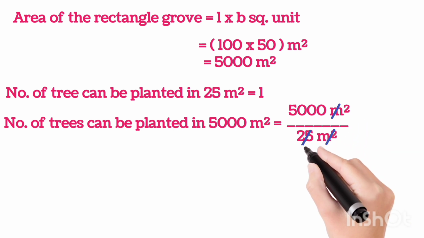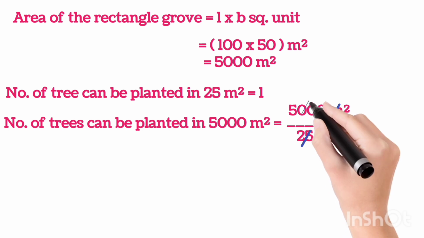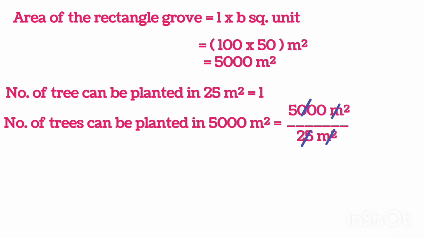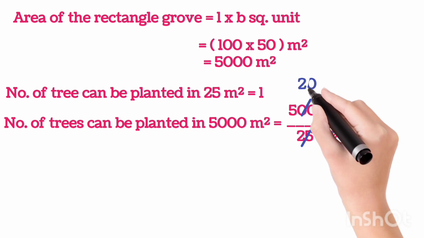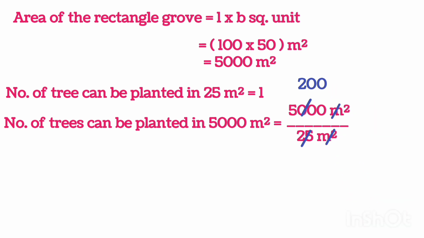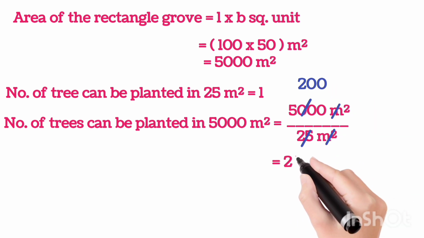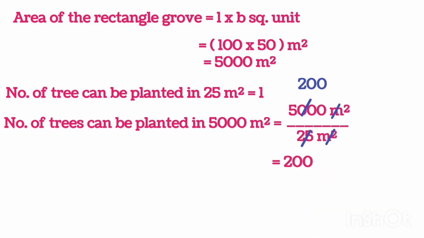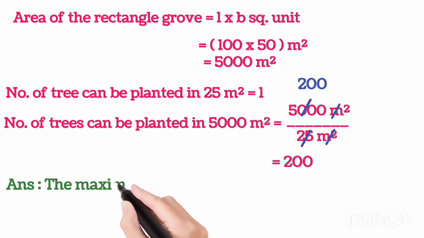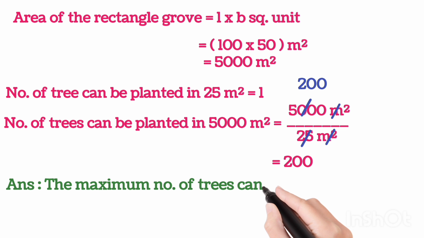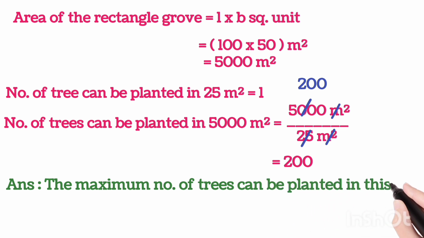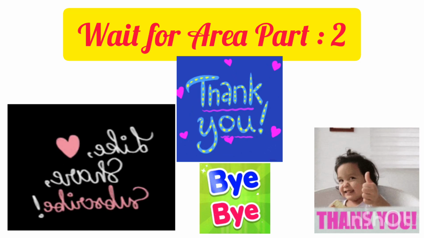Now you cancel 5,000 by 25. So 25 twos are 50 and two zeros. So how many trees can be planted in this grove? That is 200. And in the answer statement, see carefully: the maximum number of trees that can be planted in this grove is 200. I hope all of you understood.